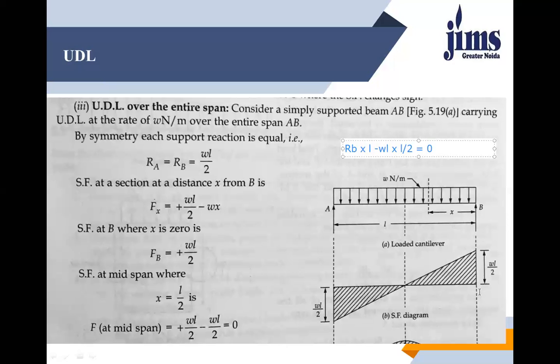So at B it is positive WL by 2, at midpoint it is 0, and at the end the value is minus WL by 2. Basically this is our shear force diagram.